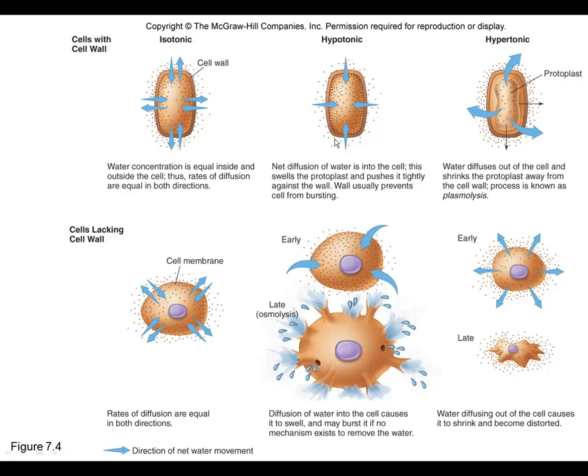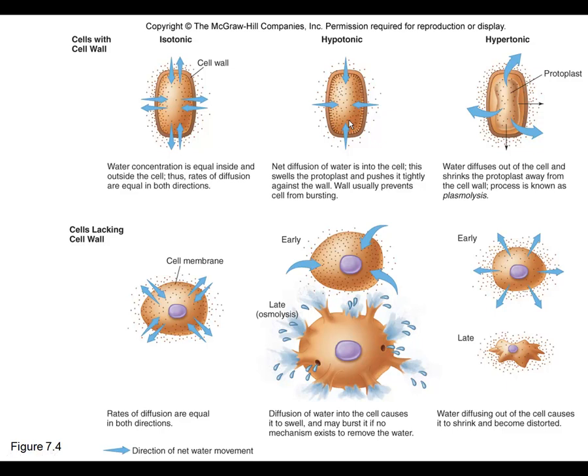If I have a hypotonic solution where I have fewer solutes on the outside, greater solute concentration on the inside, water is going to flow in and the cell will actually begin to swell.